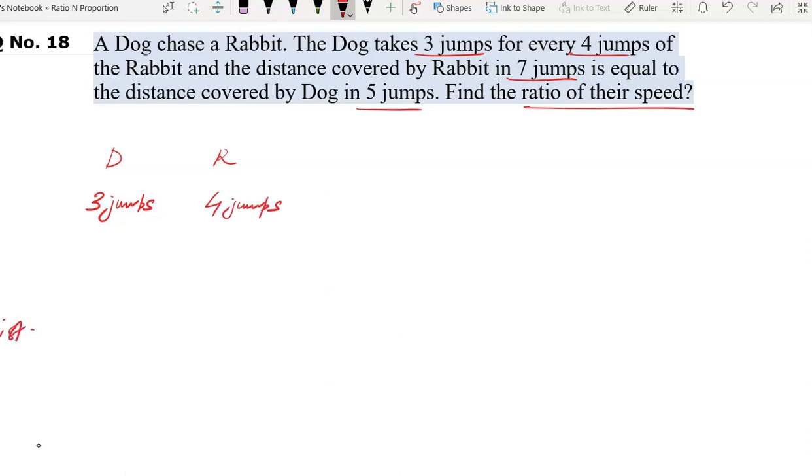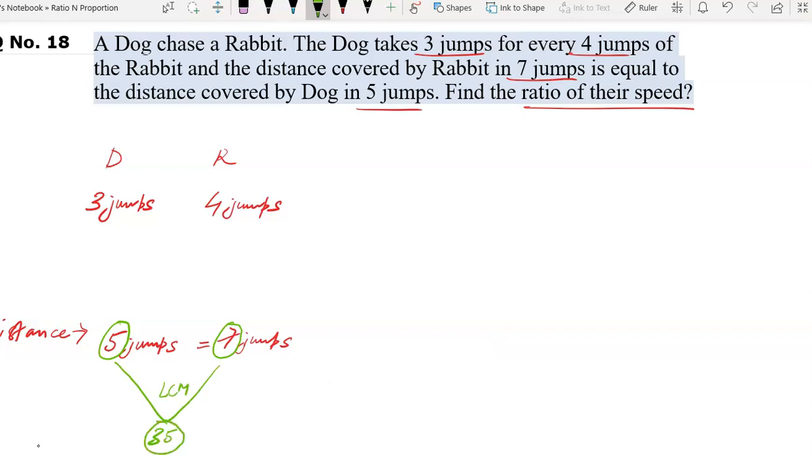And it says the distance covered by rabbit in 7 jumps is equal to the distance covered by dog in 5 jumps. So in such type of questions, we will take the LCM of 5 and 7. The LCM will be 35.